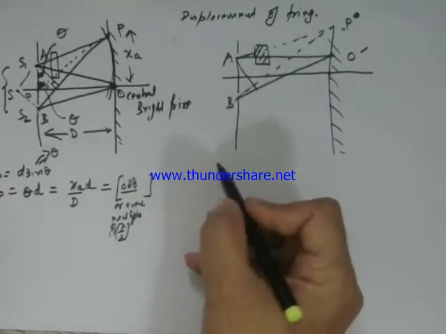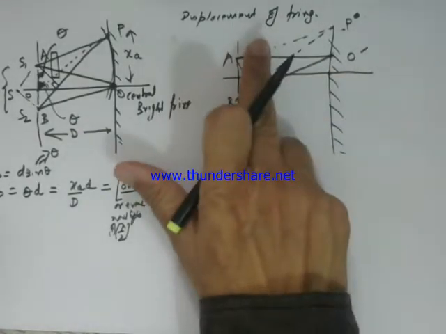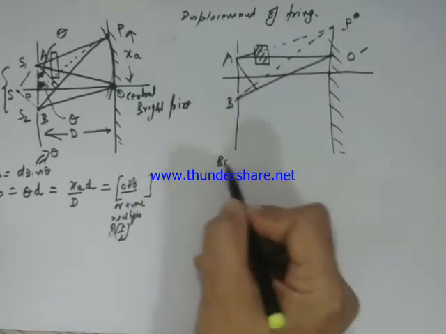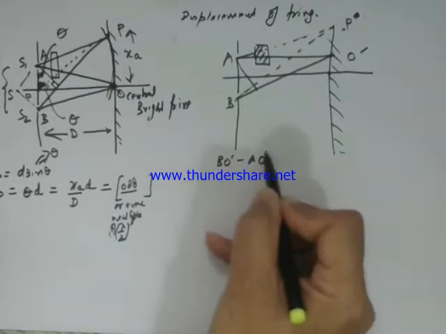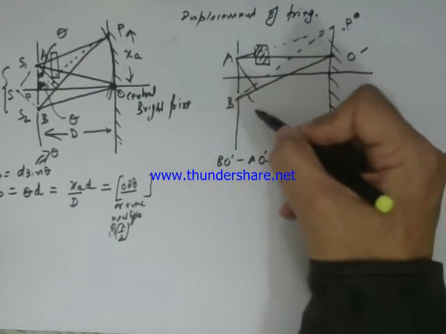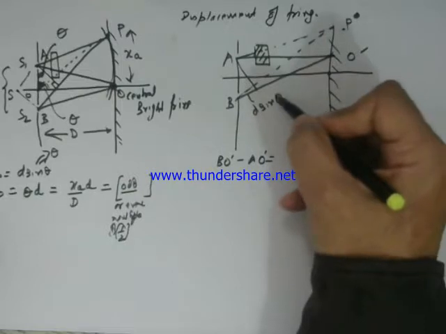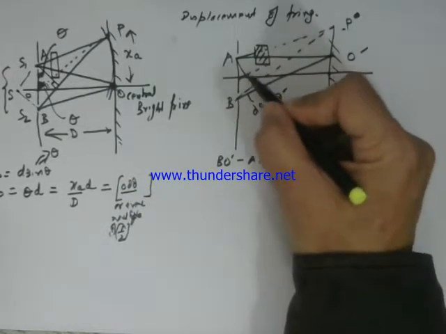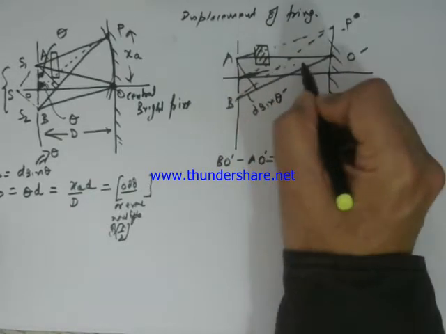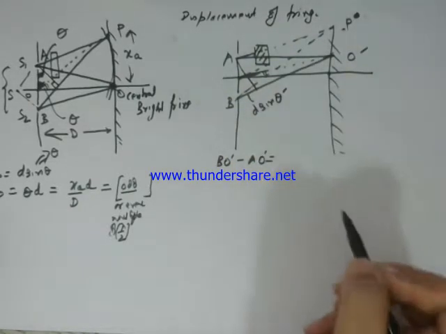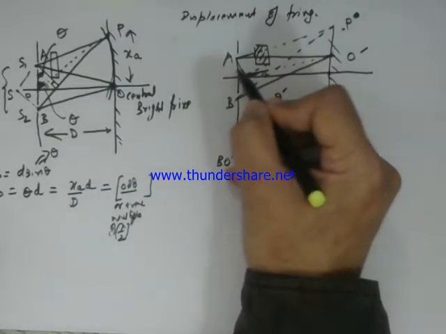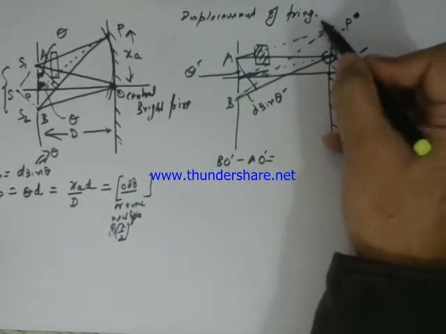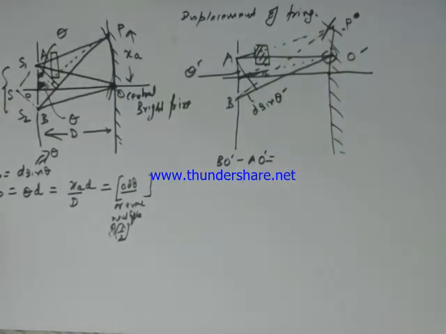The path difference, first see this diagram without the slab. So BO dash minus AO dash would be equal to d sine theta dash. This is the new angle which we are forming here, d sine theta dash. This is the angle theta dash, and this is the angle theta dash. I am taking this point, not this point at the moment, so don't get confused.